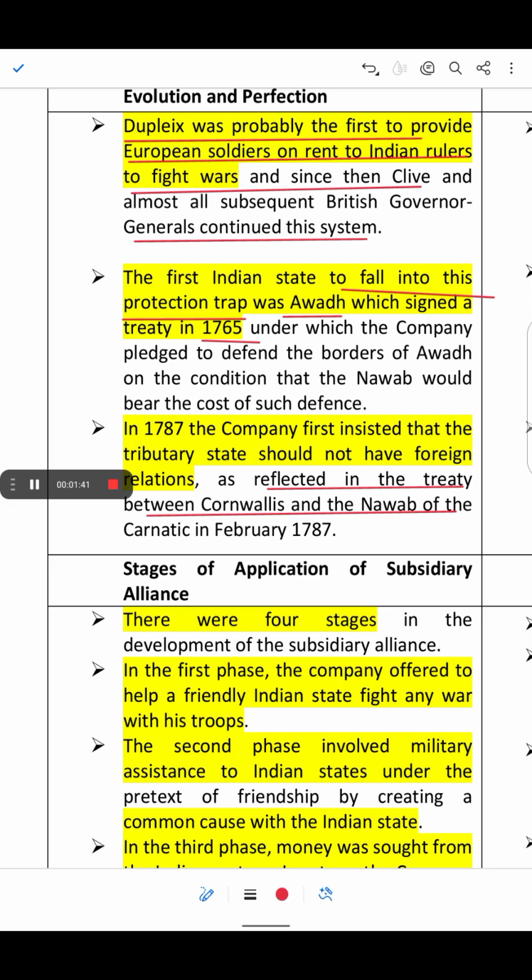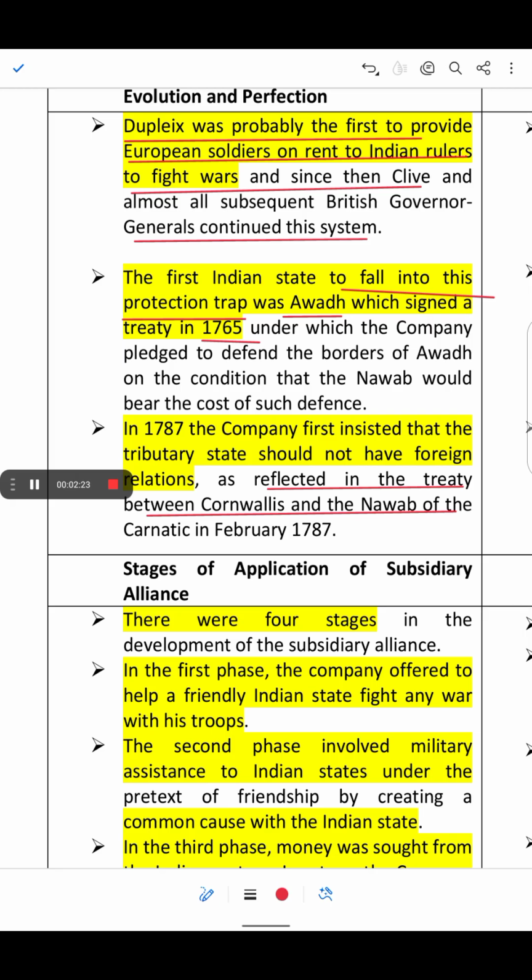Now, about Awadh's protection treaty that was signed in the year 1765, the first Indian state to fall into this system was Awadh, and it had signed a treaty in 1765. The British pledged to protect Awadh's border, but the Nawab had to bear the defense cost. And restriction on foreign relations in 1787: by 1787, the British began restricting the foreign policies of Indian states.